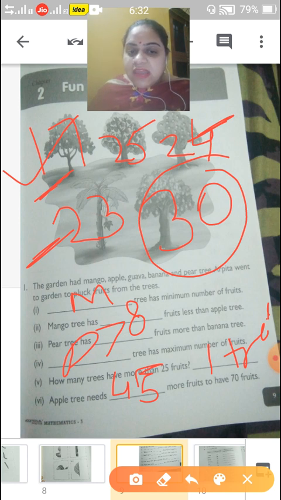You can guess, like 70 minus 25, it will come 45. So how much does the apple tree need? 45 more fruits to have 70 fruits. The number of fruits the apple tree is having is 25, okay, if it needs 45 more, it will become 70. So it needs 45 more fruits to have 70 fruits.